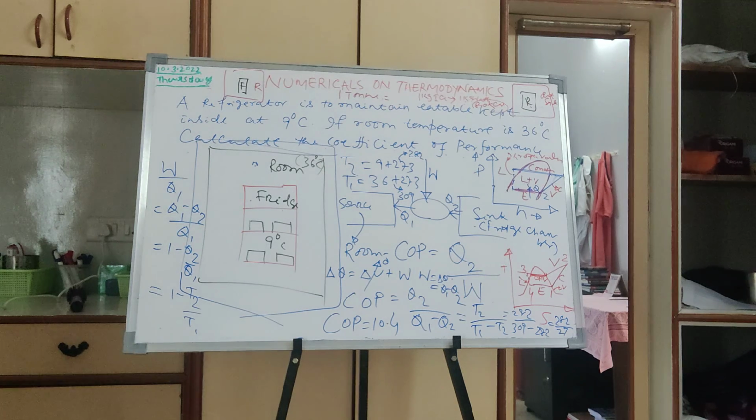More is the tonnage, more is the cost of the refrigerator. More is the cooled volume, more is the cost. You have a double door fridge, triple door fridge, so you are maintaining different temperatures in different chambers and the volume of that fridge is increased. So 165 liter fridge and 210-liter fridge: the 210-liter fridge will be more costly because you can put more eatables in that.